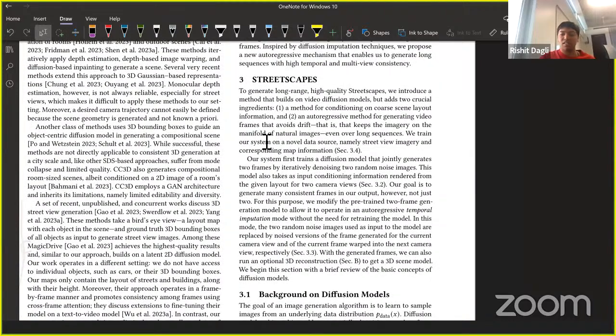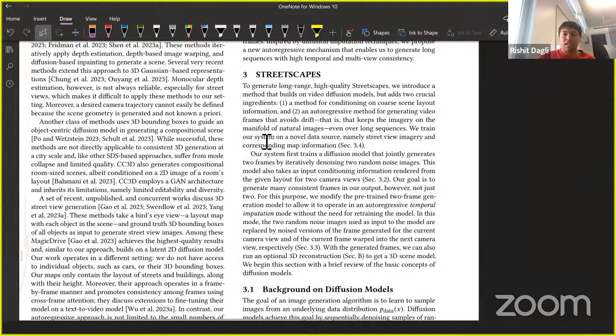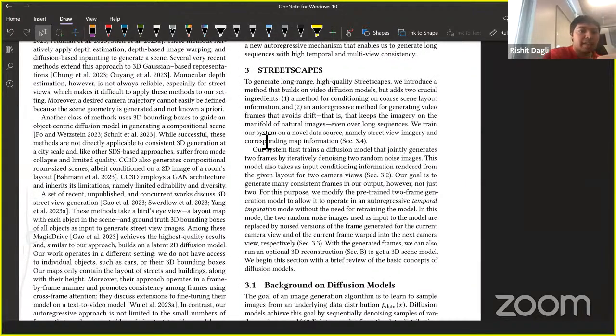So let's maybe talk a bit about the method that they have. Essentially they have two main ingredients, which are their two main contributions. One is a method of conditioning on the scene layout, which is one of their inputs. And the second is an autoregressive method for video generation.